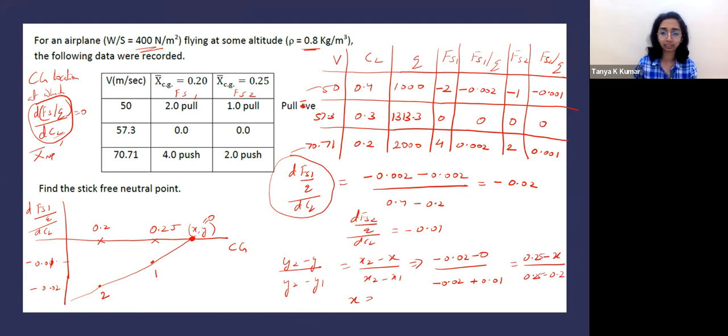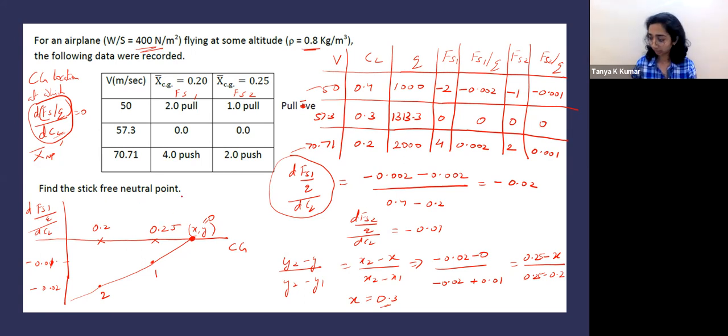Okay, what is the value of x? It's 0.3. Yes. So that is the CG location where dFS by Q by dCL becomes 0.